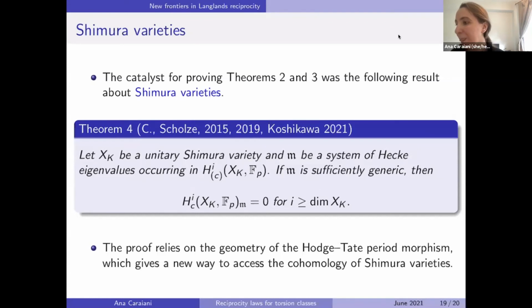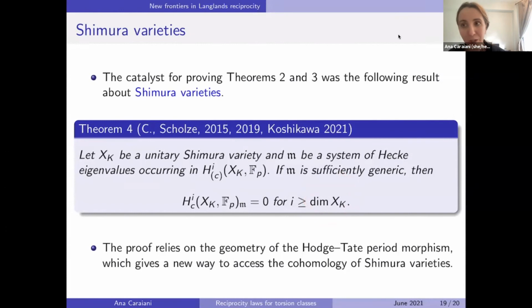And if you assume that your system of Hecke eigenvalues is sufficiently generic, then you're able to show that the cohomology with compact support localized at the system of eigenvalues, so the part of the cohomology where you really see those eigenvalues, is equal to 0 above the middle degree, above the degree given by the dimension of the Shimura variety.